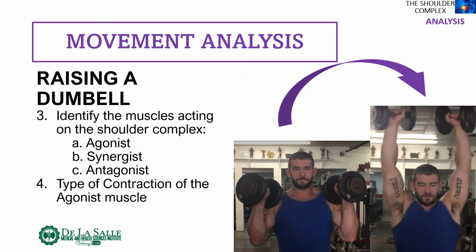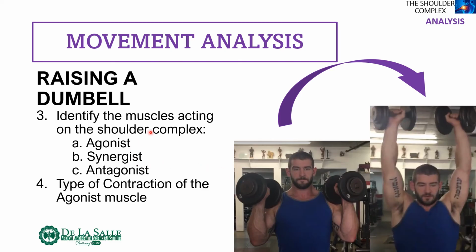Identify the muscles acting on the shoulder complex and whether they are agonists, synergists, or antagonists. For the agonists, we have your shoulder flexors: your anterior deltoid, coracobrachialis, and biceps brachii, because they are the main muscles contracting for the patient to lift the dumbbell.